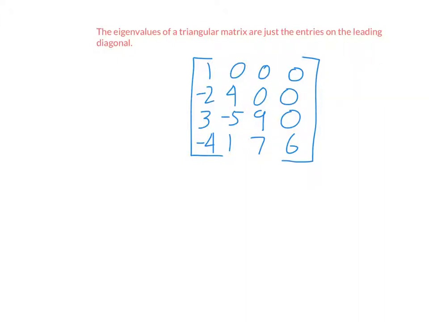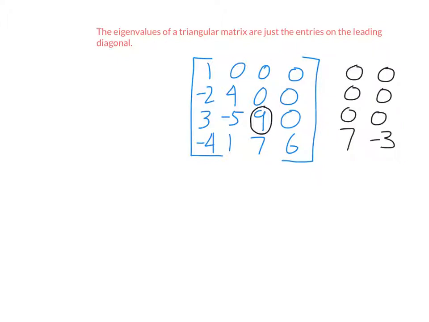So let's look now at the 3 element 9. So if I subtract 9 from each element of the leading diagonal, the third column will become this, and the fourth column will become this. So you can see the fourth column is just a scalar multiple of the third column.